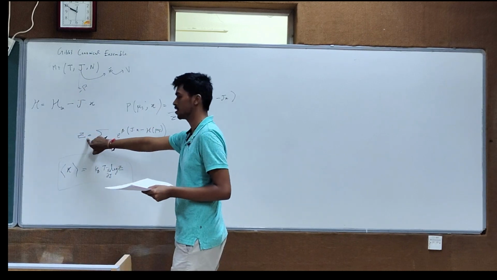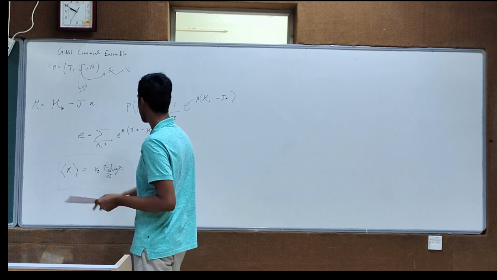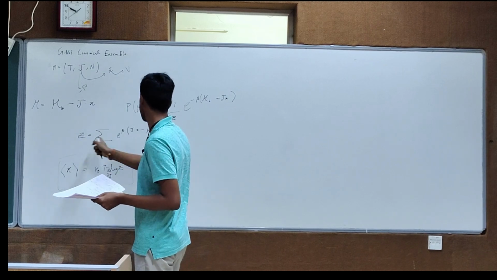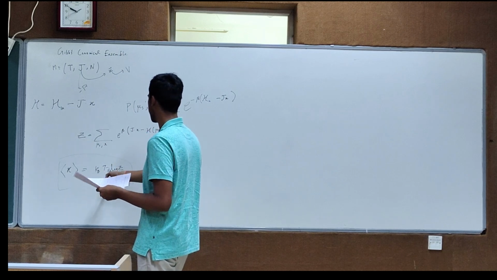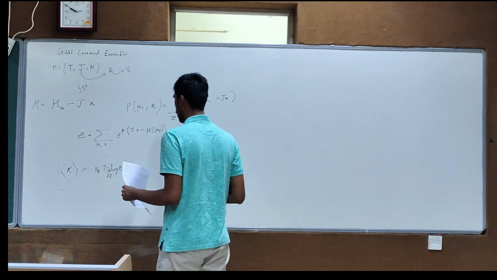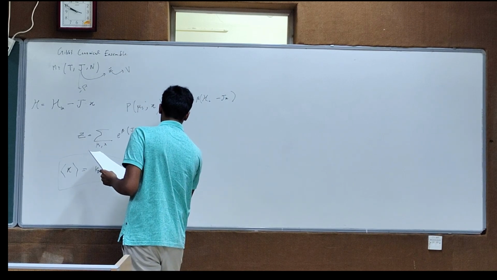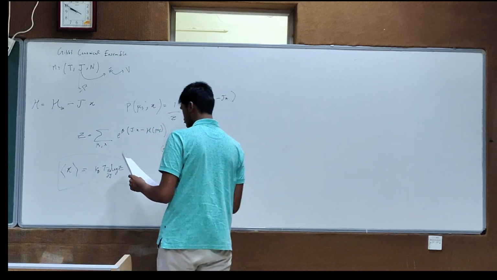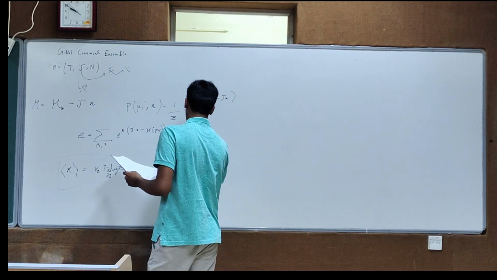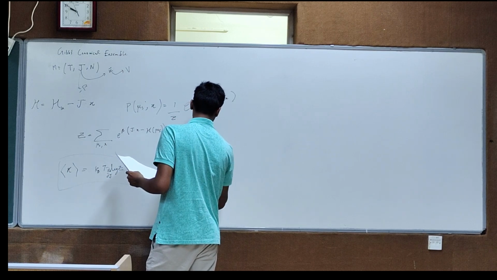Once you have this Gibbs canonical partition function Z, you can find the average value of X by taking a derivative with respect to the force J. From this you also know that G, the Gibbs free energy, is basically U minus TS minus JX.